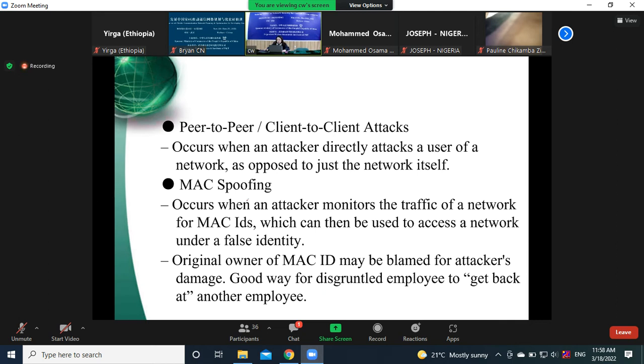And MAC spoofing occurs when the attacker monitors the traffic of the network for MAC IDs, which can then be used to access a network under false identities. And the owner of the MAC ID may be blamed for the attacker's damage, and it's a good way for a disgruntled employee to get back at another employee.